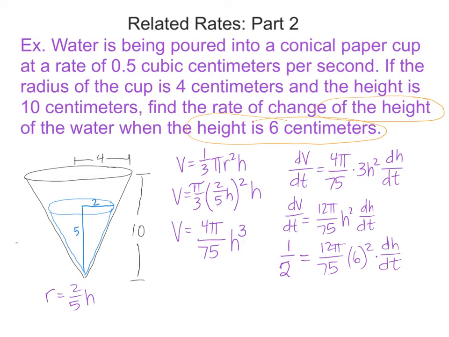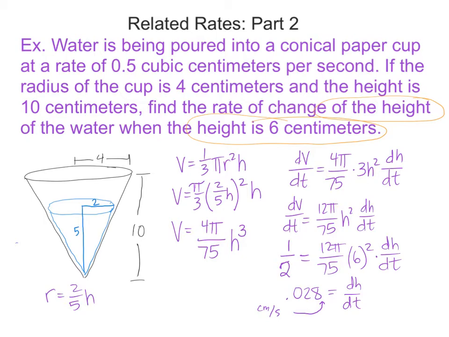And I get 0.0276. So let's call that 0.028. dh/dt. So at this instant, the height is changing at 0.028 centimeters per second.